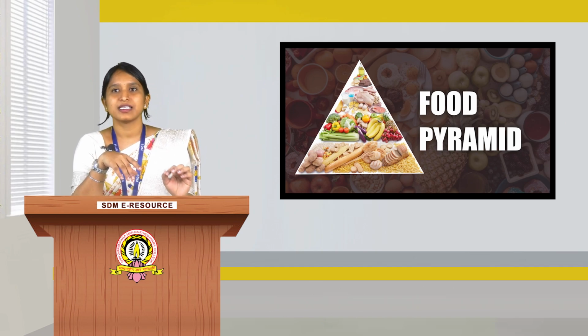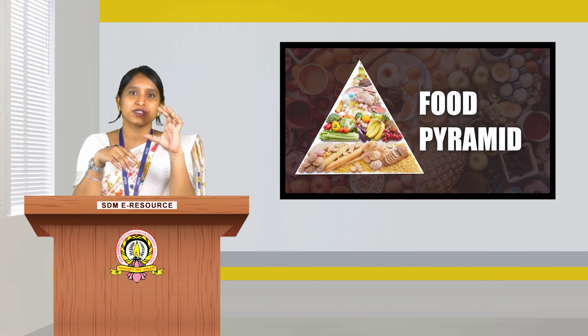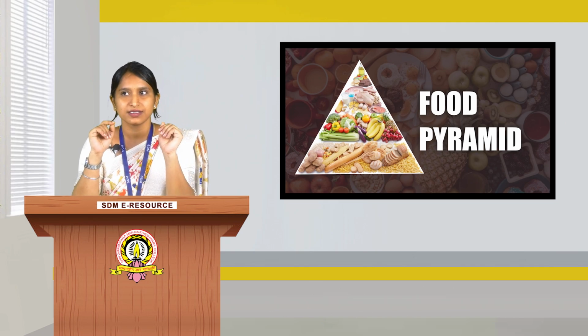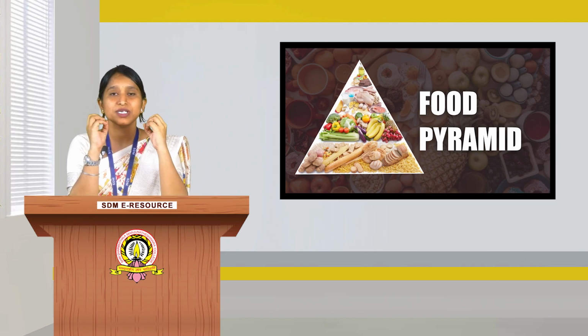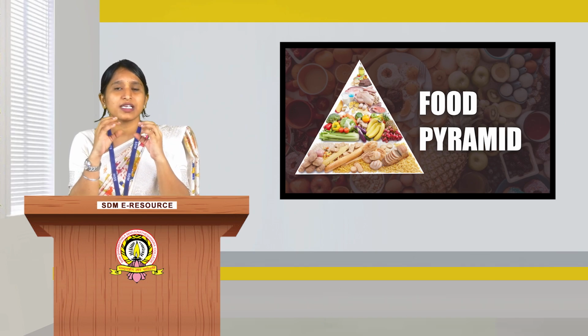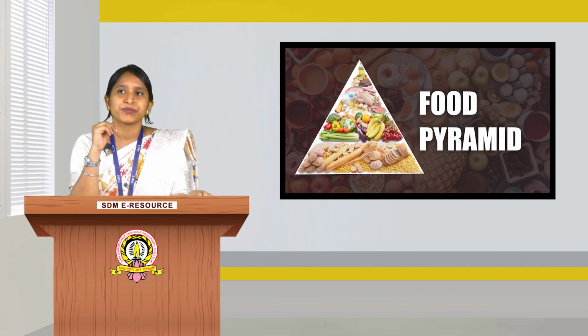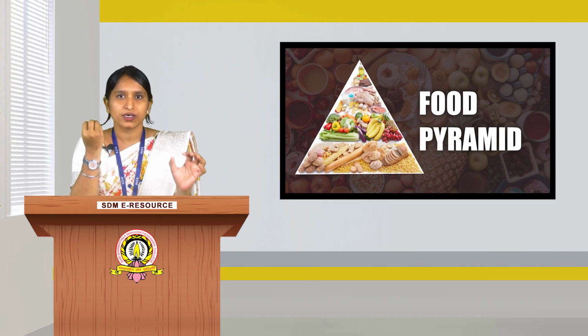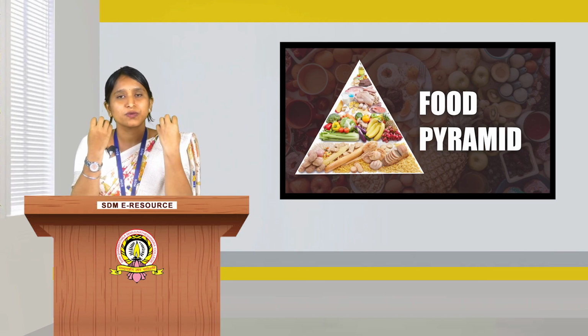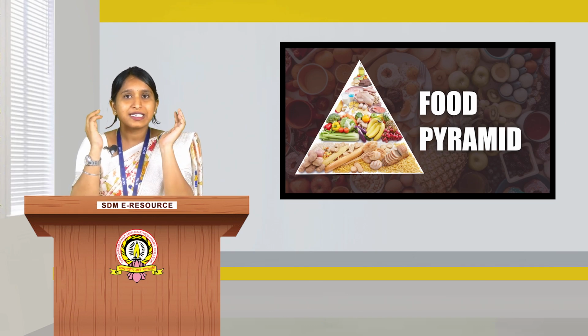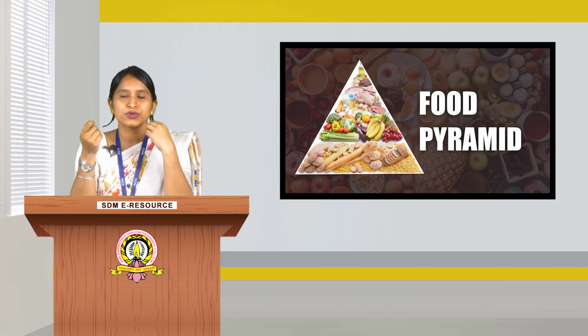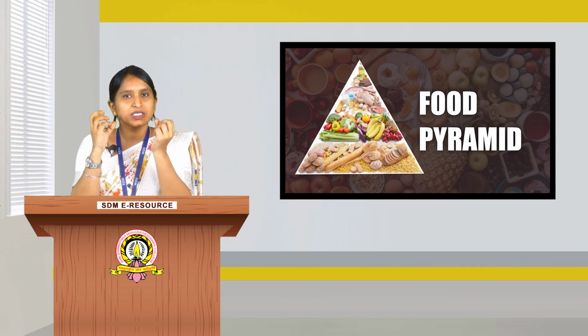Let's move on to the final top of the pyramid, that is fats and sweets. These we have to eat in a very lesser quantity. When you start cooking food, what does your mother do? Does she put 10 liters of oil into the vessel and start cooking? No, right? You take 1 or 2 tablespoons of oil into a vessel and start cooking.